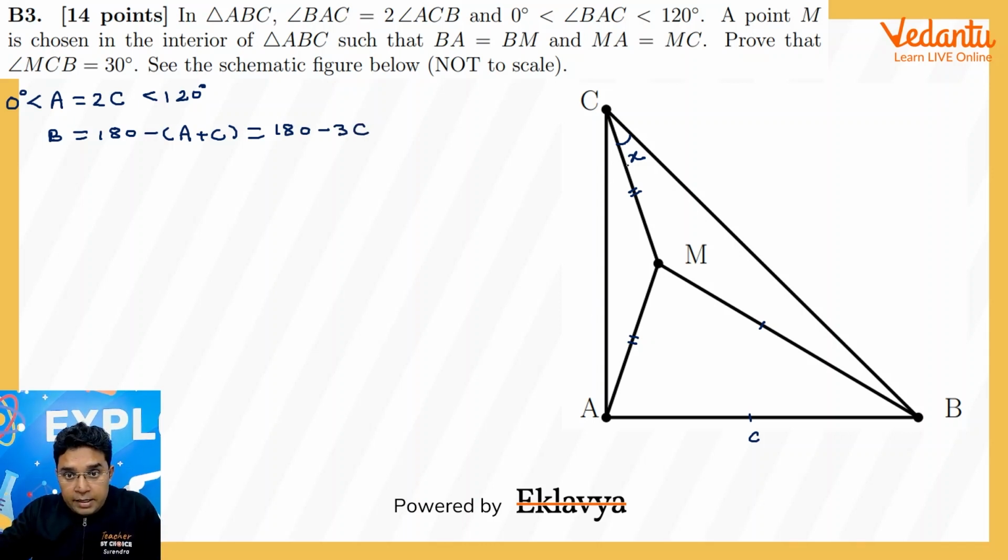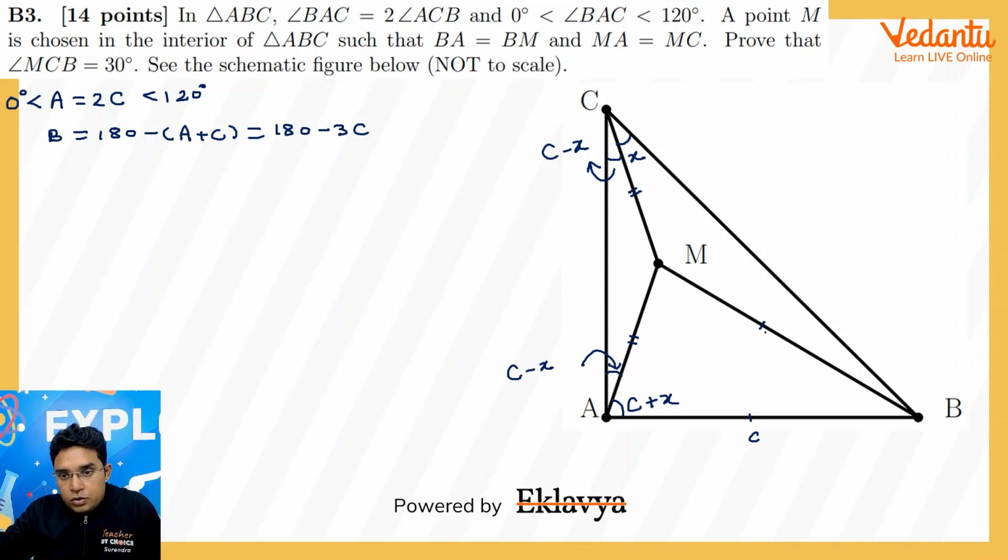Now, if this angle is X, this angle will be C minus X, and because these two are equal, this angle will also be C minus X. And this complete angle here is A, which is 2C. So I can write this angle to be equal to 2C minus this, so 2C minus C minus X, that is C plus X here.